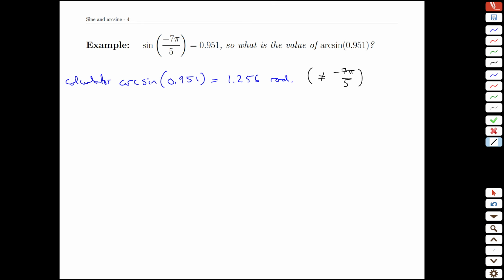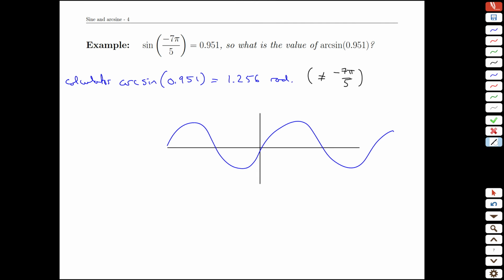I think the easiest way to see this is to look back at our sketch of the sine function. So if you have a sine function and its relationship with the input angle, let's call that x here, we have a ratio of 0.951, and that's the ratio that goes up on the top or the vertical axis here. But what we're saying in this scenario is we have an angle of negative 7 pi over 5 would actually be back here and giving us a ratio of 0.951.